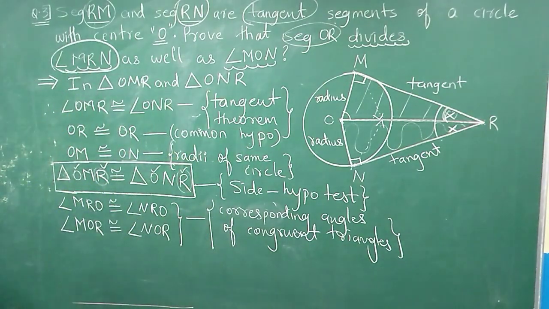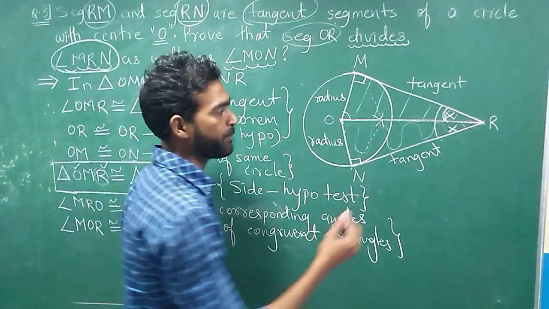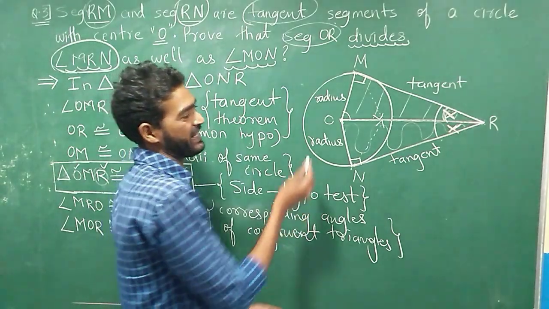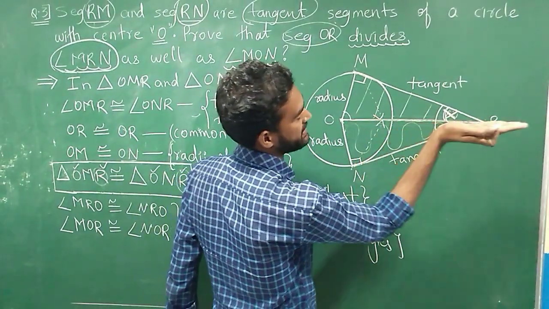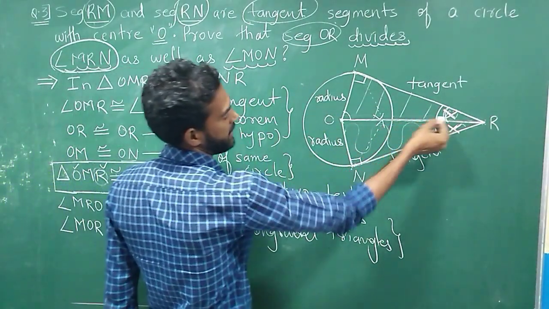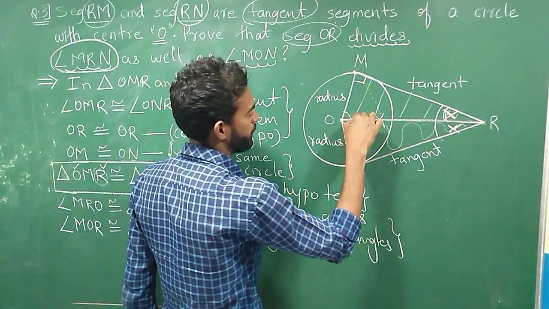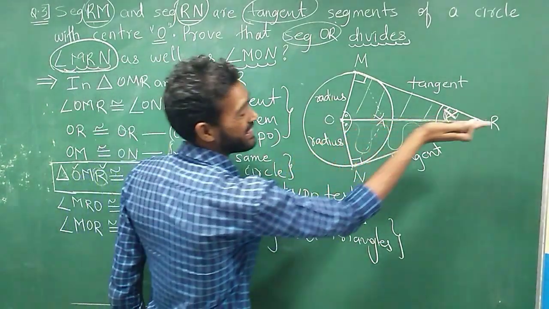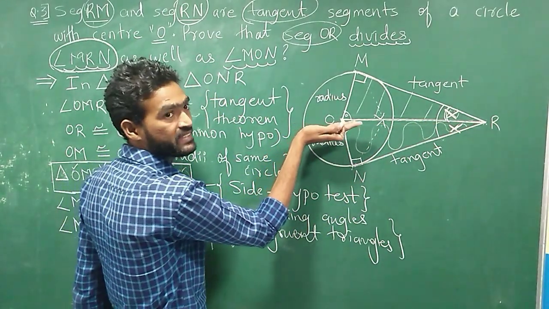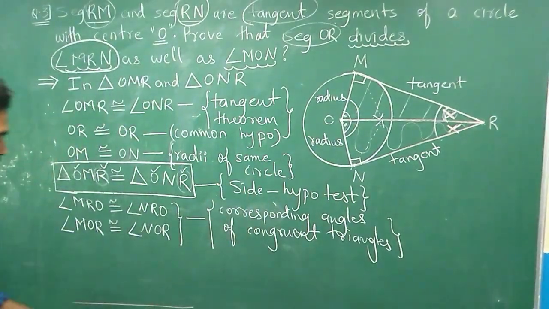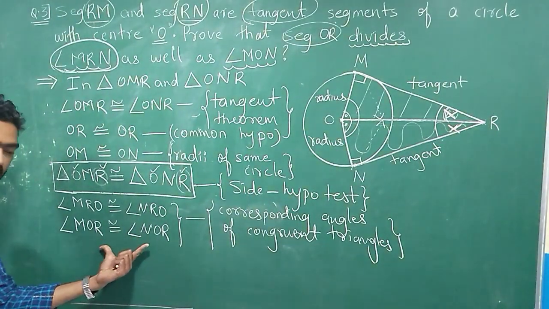Clear all? Understood, students? Now since these two angles are congruent, what have we proved? We have proved that these two angles are congruent. What does it mean? It means this line OR is bisecting this angle. Similarly, for the same line here, we have proved these two angles are also equal to each other. It means this line OR again divides this whole angle into two equal parts. Both the parts are equal.